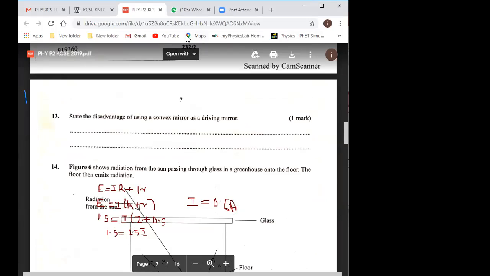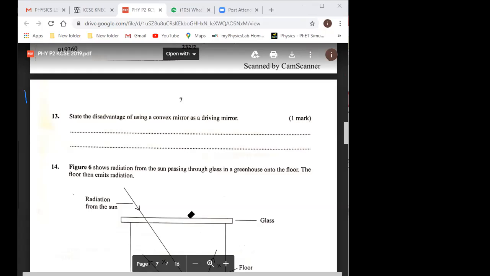Question 13. State the disadvantage of using a convex mirror as a driving mirror. Ferdinand Kavila, what is the disadvantage? This is because the image you get is diminished. So when it gets diminished, what happens?